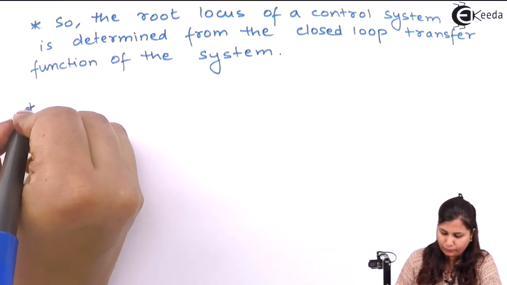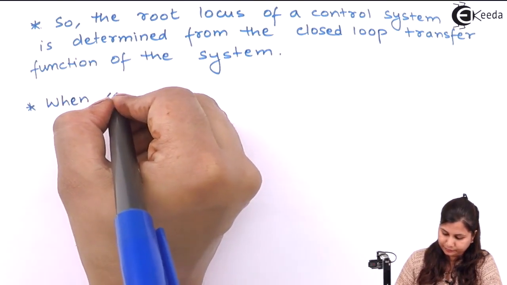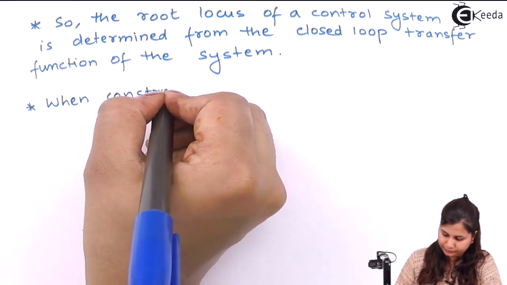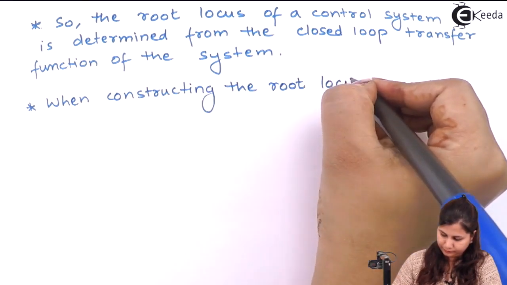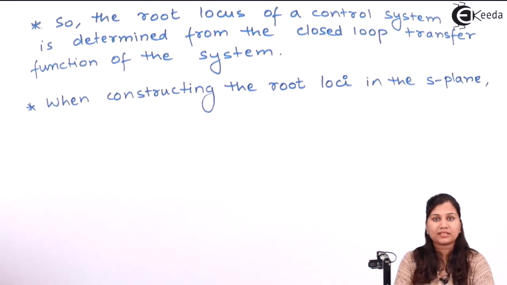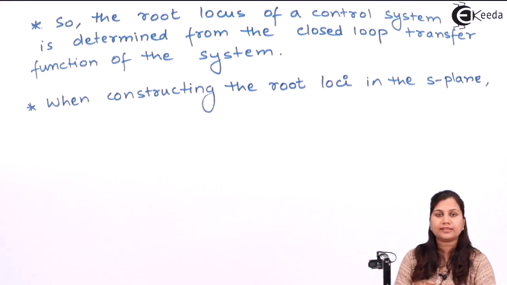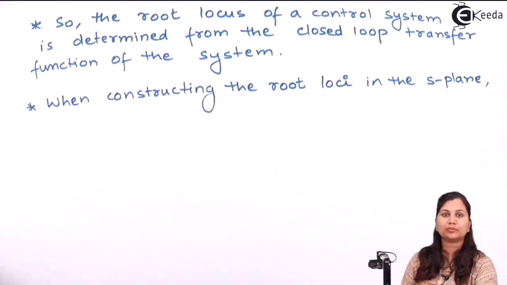And also when we are constructing the root locus, as we have studied, there are two conditions, the angle condition and the magnitude condition, and these two conditions must be satisfied to plot the root locus.